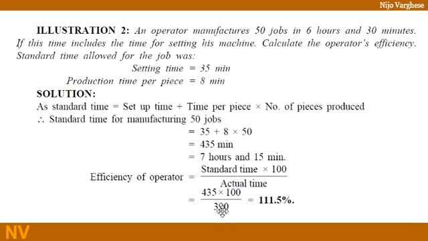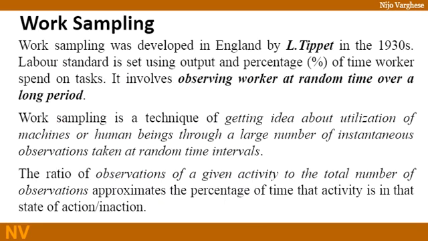That is 6 into 60, 360 plus 30, 390. So standard time 435 divided by 390 actual time into 100. You will get 111.5. This is the operator efficiency, that is known as performance rating. Performance rating is 111.5.